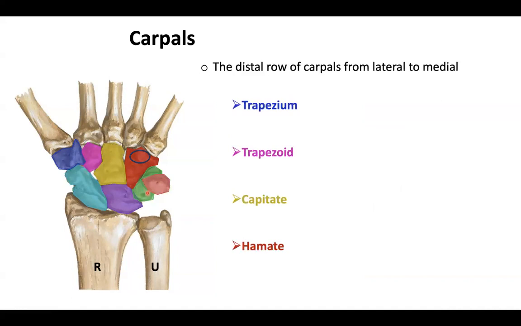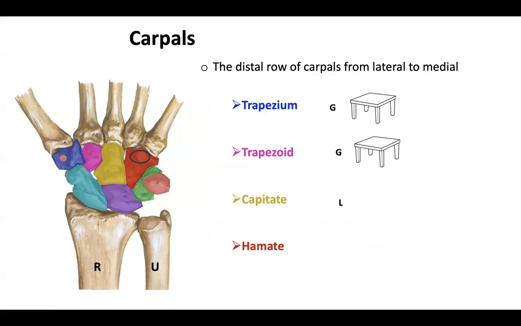And when you see the distal row, most laterally, we have trapezium. Trapezium is a Greek word, which means little table-shaped. Next to trapezium, we have trapezoid. Trapezoid resembles trapezium, and it's also like a small table. Next to trapezoid, we have capitate.